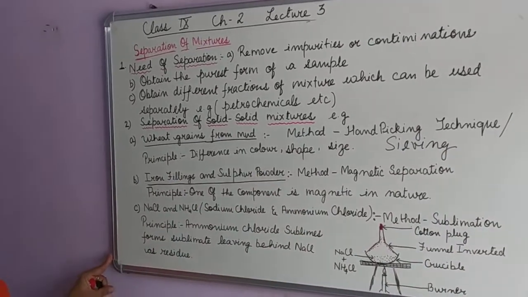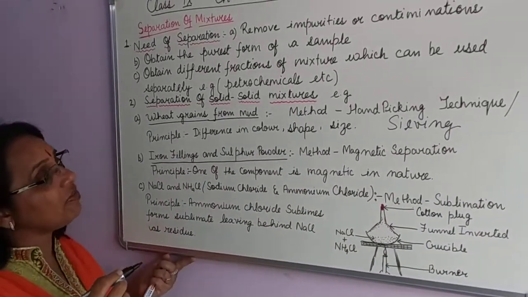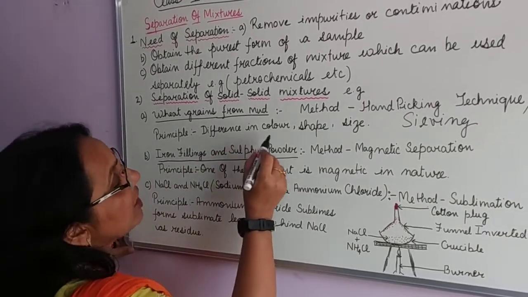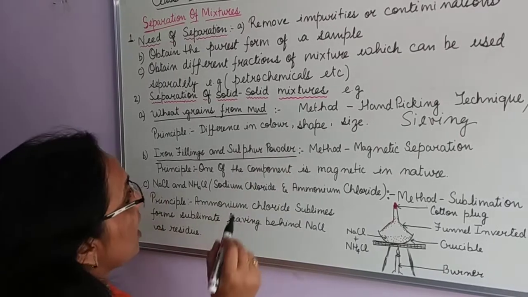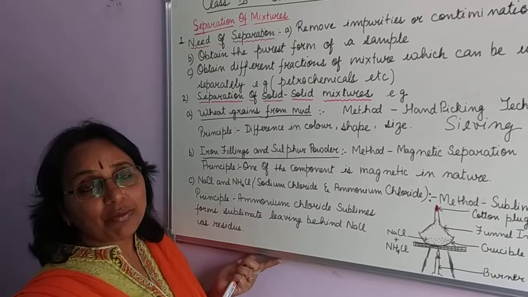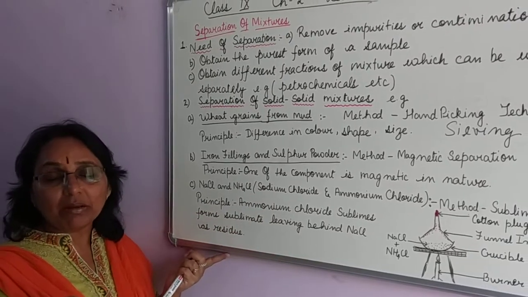Now, what is the principle of this hand picking or sieving technique? The principle of this technique is the difference in color, shape or size. You know it very well. The large wheat grains can be separated by the hand picking method.